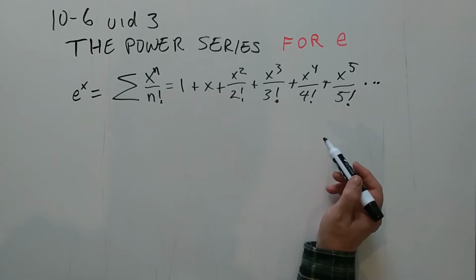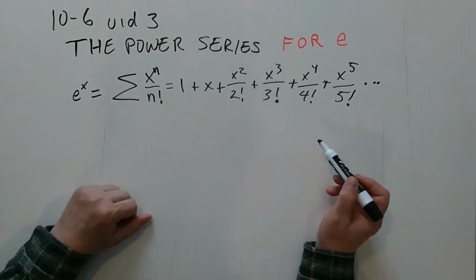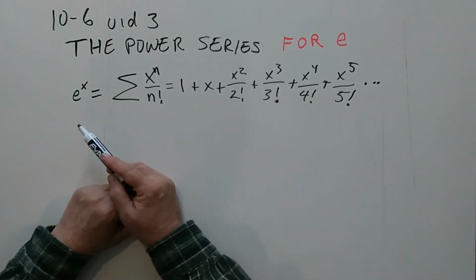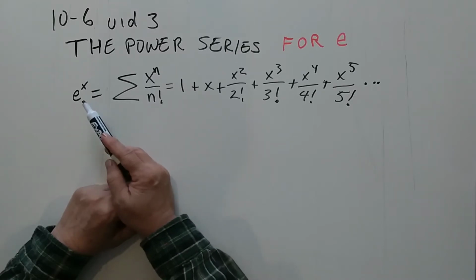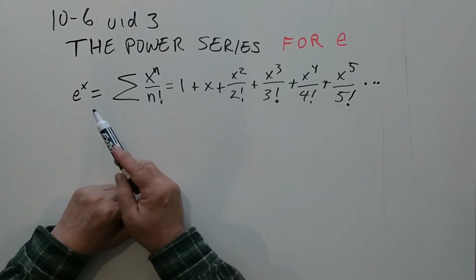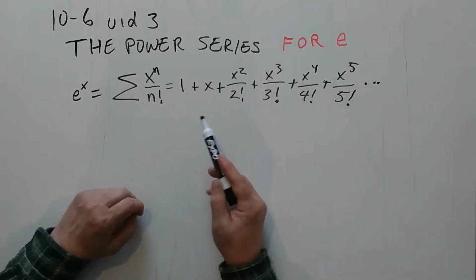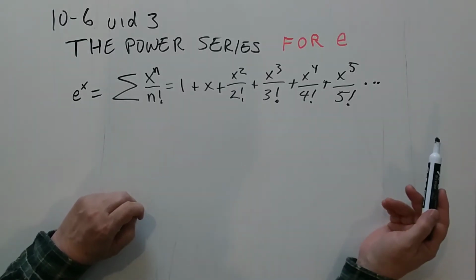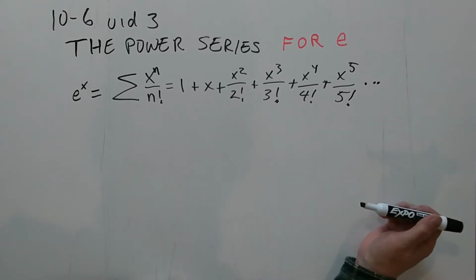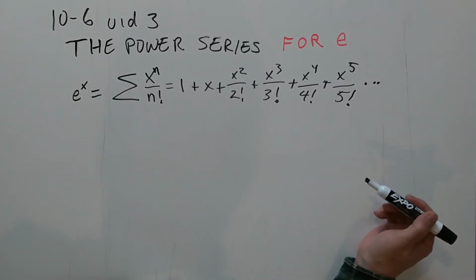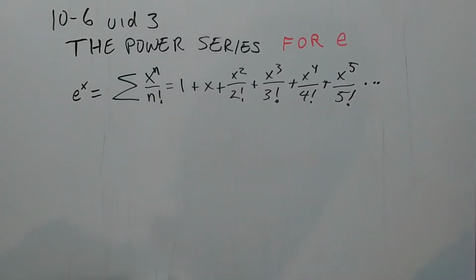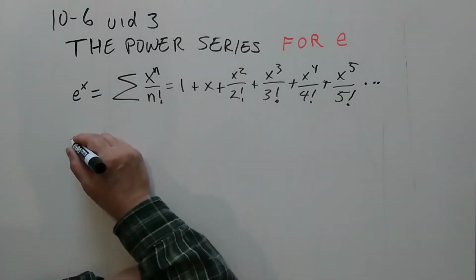Obviously, if we want to find e to the first power, we just use a 1 in place of x, and then we can calculate the value of e. We're going to look at calculating some other values of e. Let's first of all look at calculating the value of e squared.